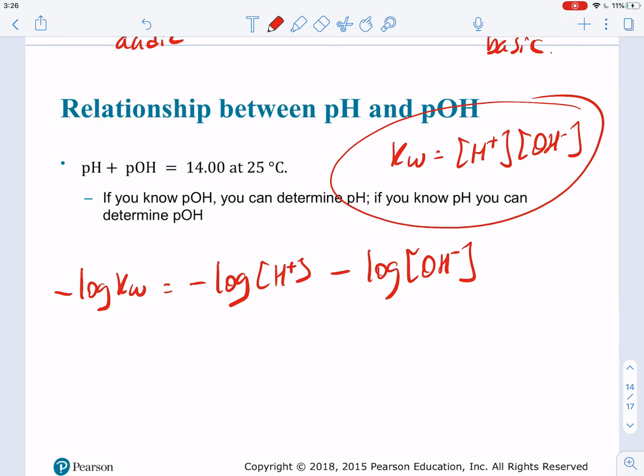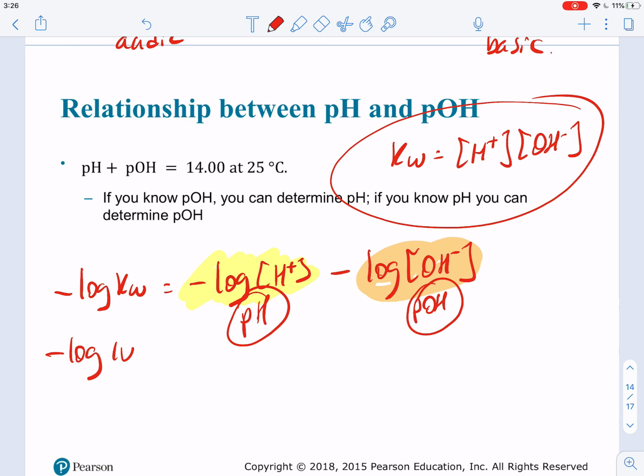So by definition, this is pH. By definition, this is pOH. Okay, and minus log of 10 to the negative 14 is equal to 14. So 14 is equal to pH plus pOH.